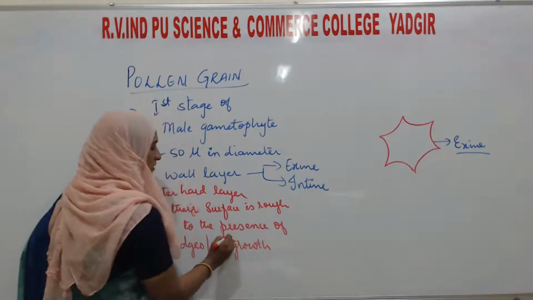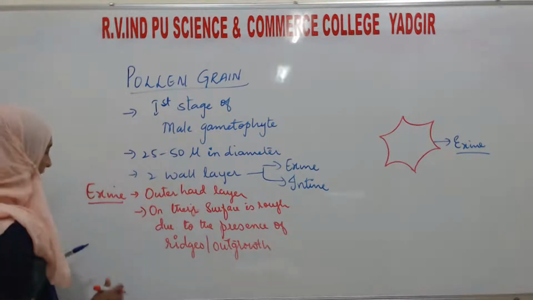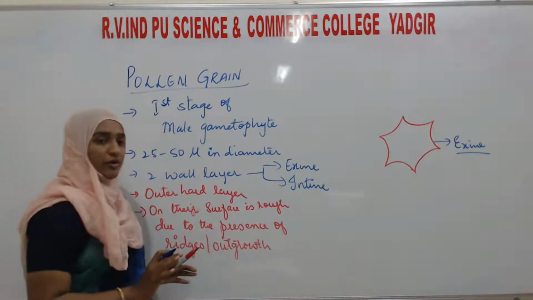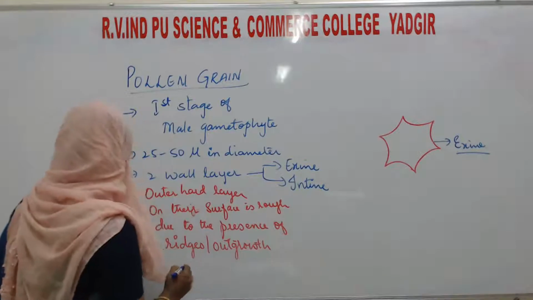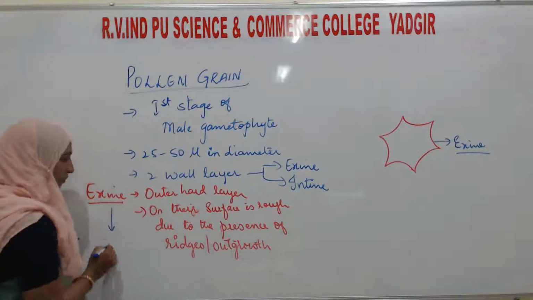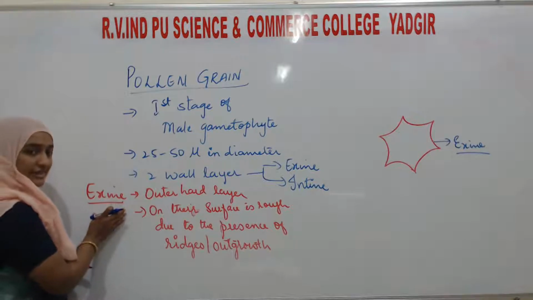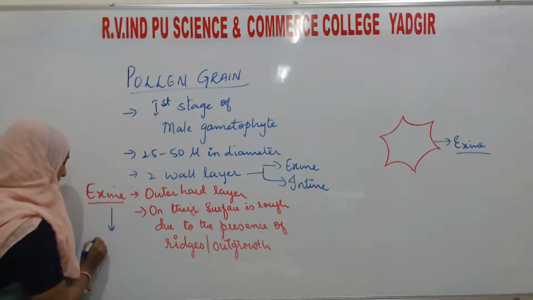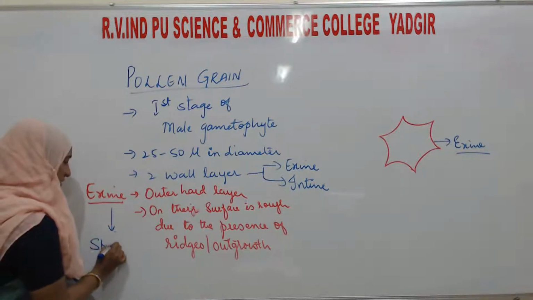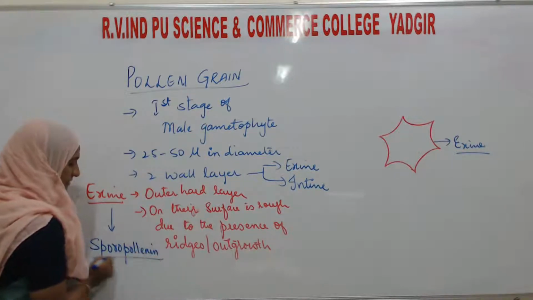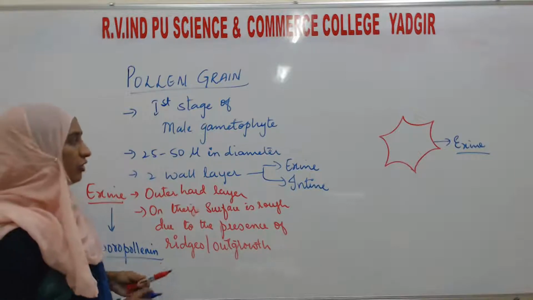And one more very important thing about the exine layer: it has a biochemical. That biochemical is known as sporopollenin.